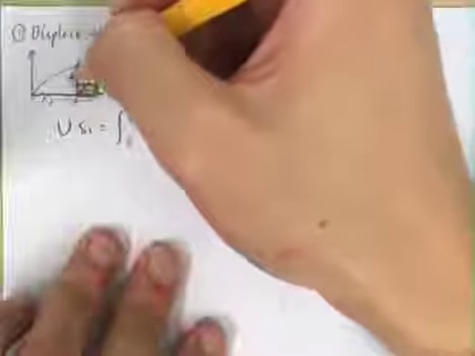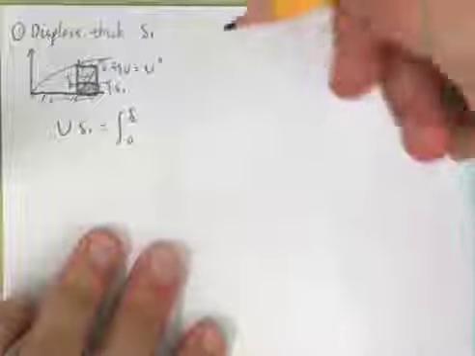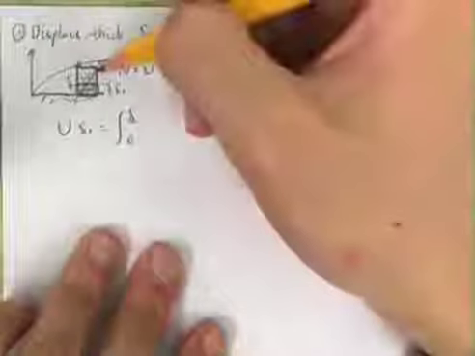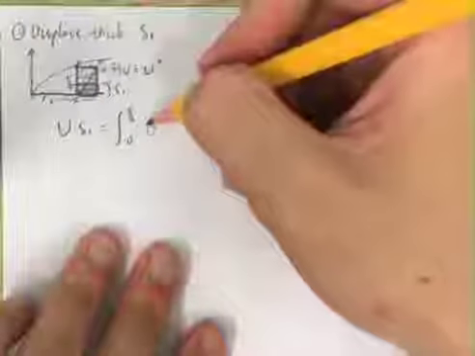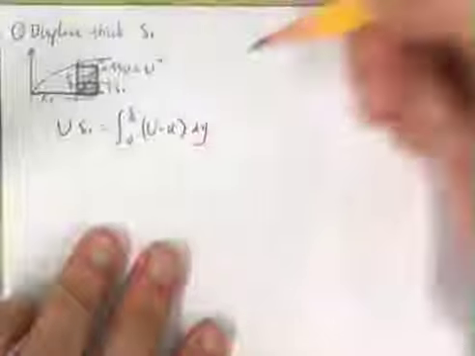This should equal the area of this thing. This thing is from 0 to delta, right? This length is delta, the thickness of the boundary layer. To calculate the difference here, we need to use the capital U to subtract the real u, capital U minus u, and we integrate that.